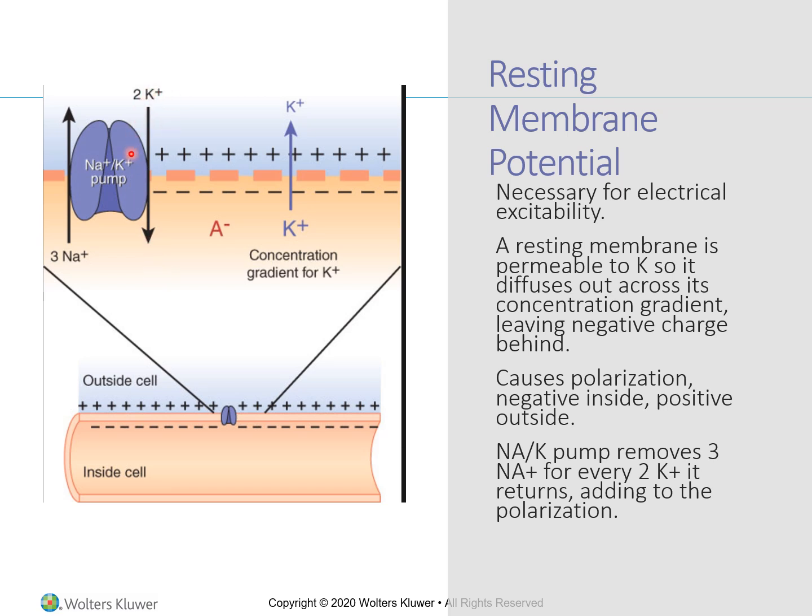So if I'm moving in 2 positive charges, but moving out 3 positive charges, I'm getting a net positive movement out of the cell. So it further adds to that positive charge out, negative charge in of my resting membrane potential. We call that polarization. Okay.